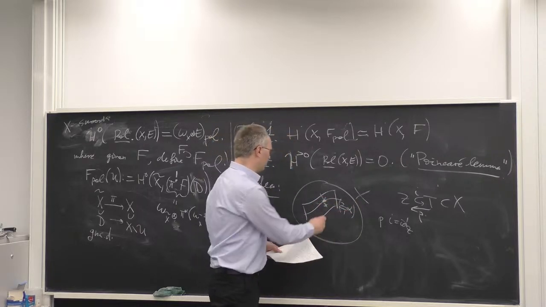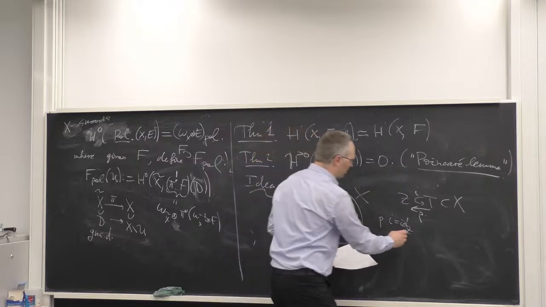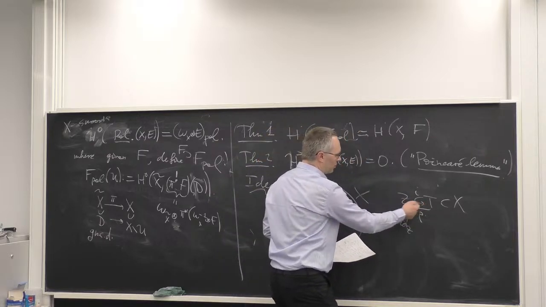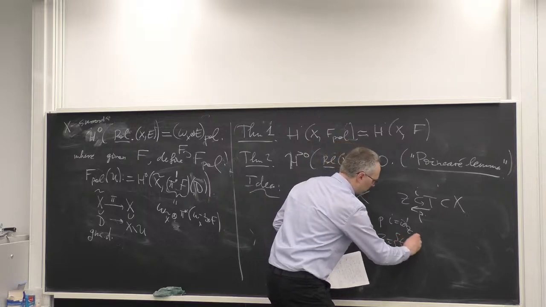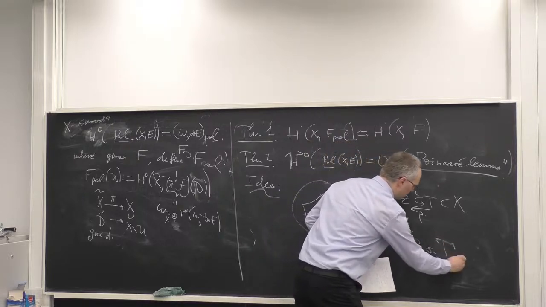We want this morphism to be smooth at the point, so we want Z to be locally t equals 0 on T.